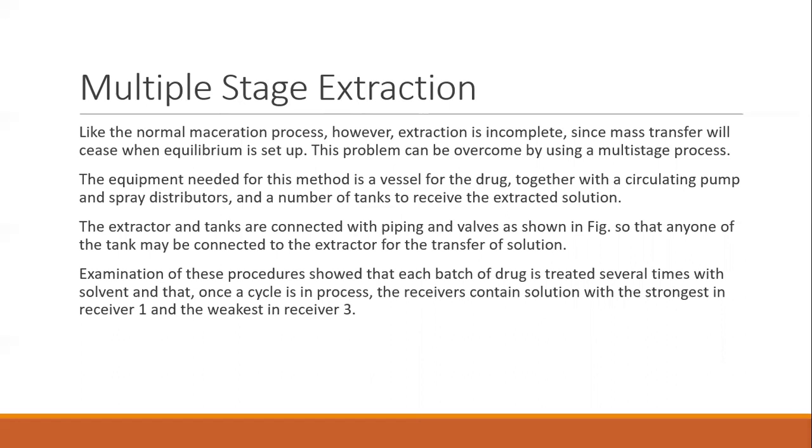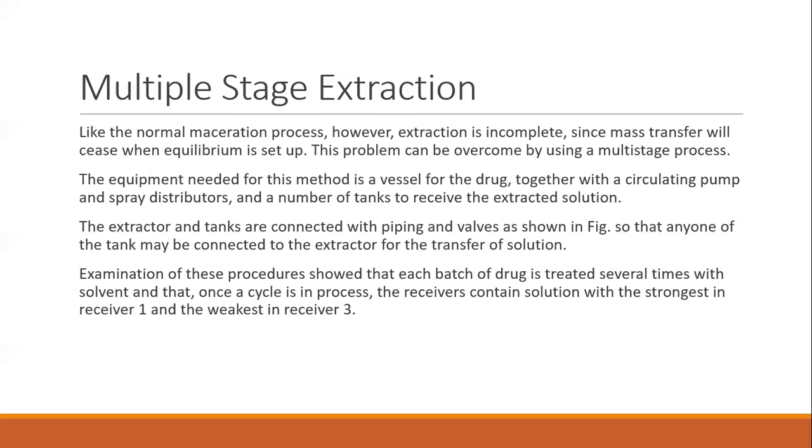The equipment needed for this method is a vessel for the drug, together with a circulatory pump and spray distributor, and a number of tanks to receive the extracted solvent. The extractor and tanks are connected with piping and valves. I'll show you the figure, so that any of the tanks may be connected to the extractor for the transfer of solution.